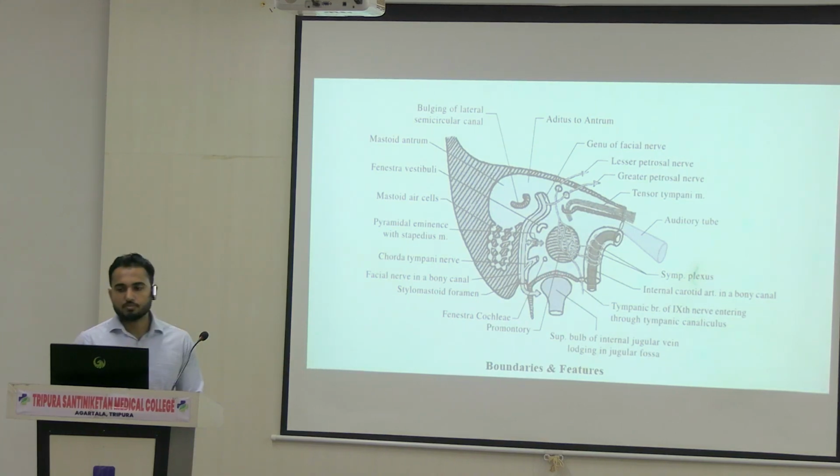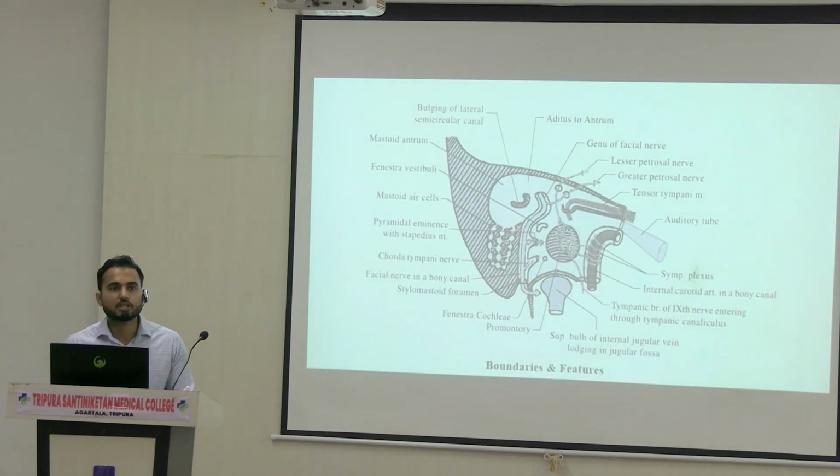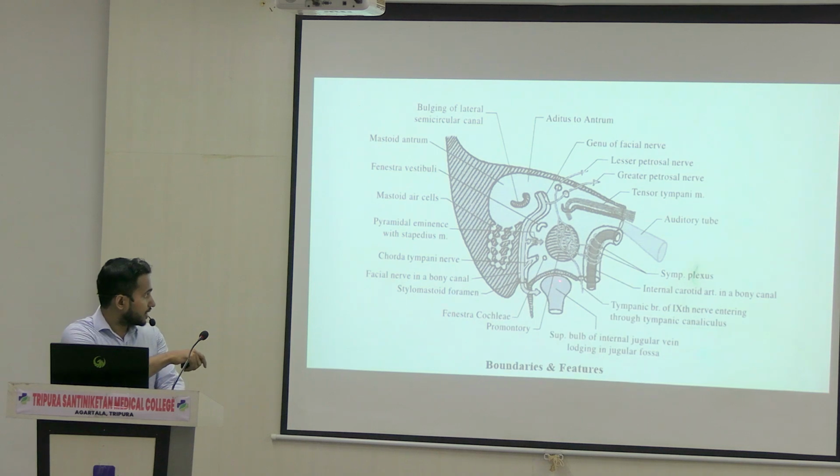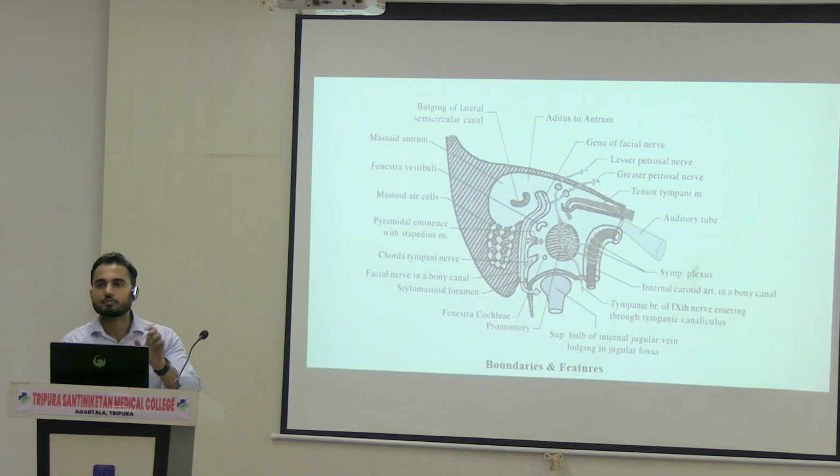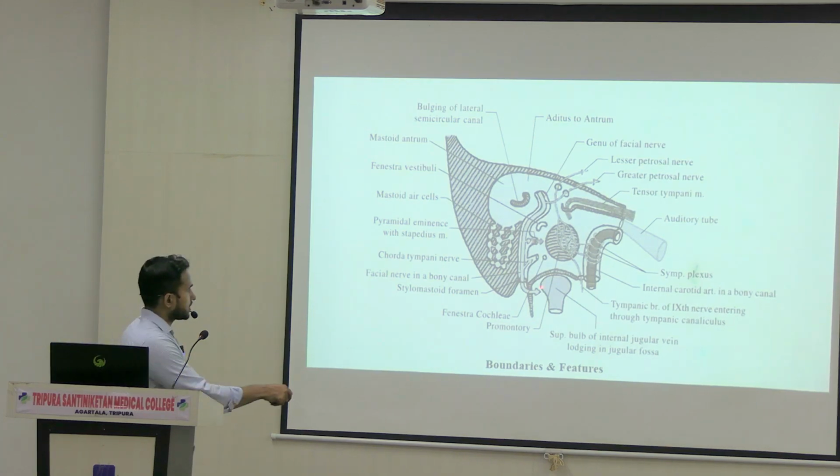Now, how is the floor formed? The floor is formed by the jugular fossa, as you can see over here, on the under surface of the petrous part of the temporal bone, and it is related to the superior bulb of the internal jugular vein. As you can see, the superior bulb of the internal jugular vein.